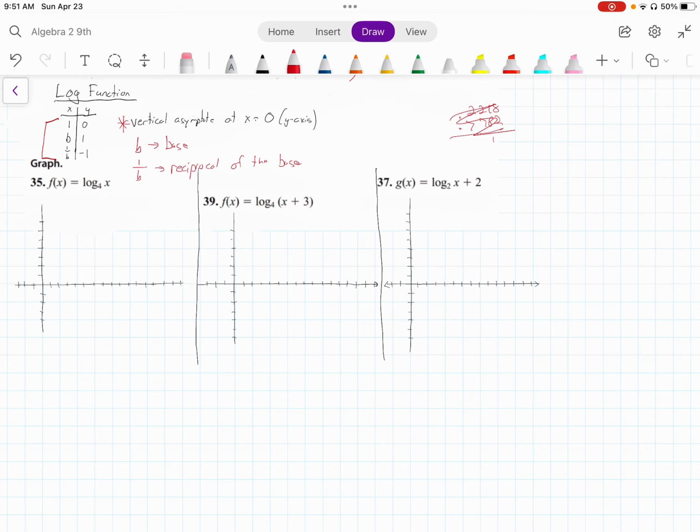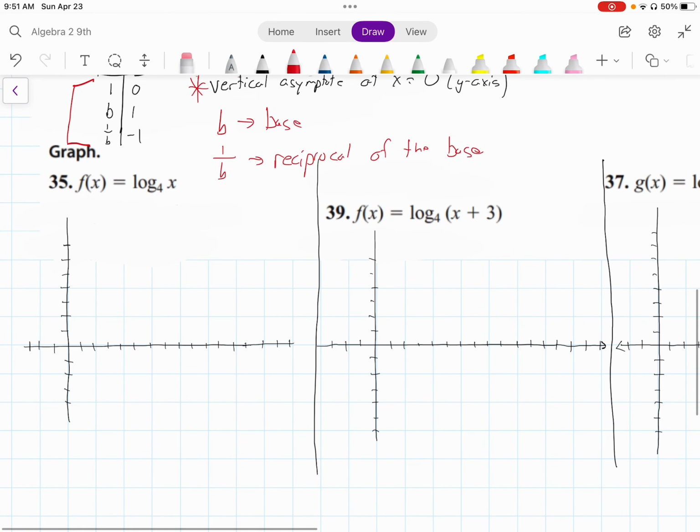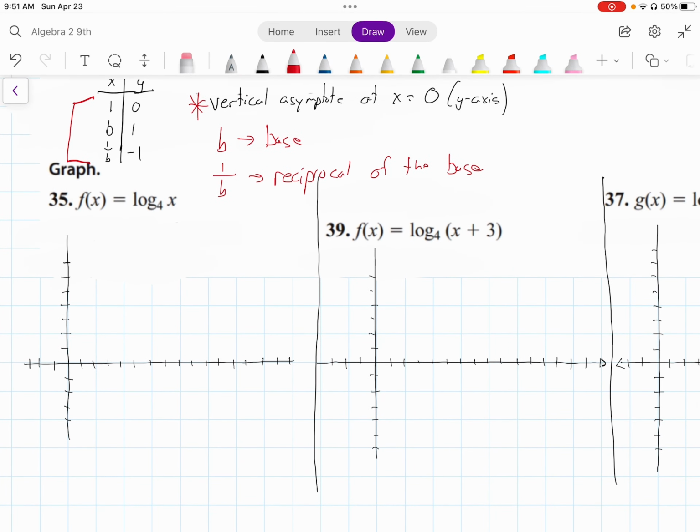So for number 35, we have the point 1, 0. We have the point B1, so 1, 0. The base 1, so 4, 1. And the reciprocal of the base, negative 1. So 1/4, negative 1.